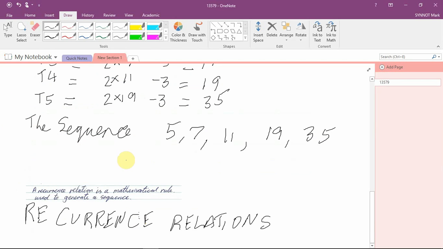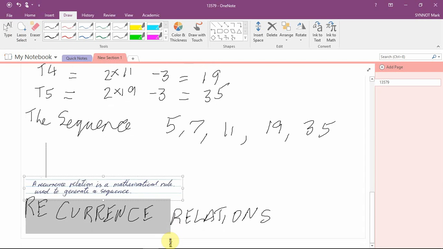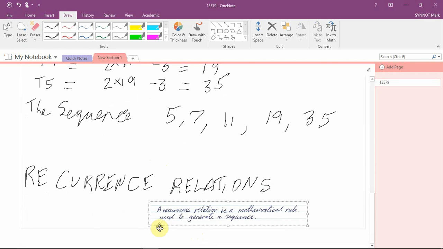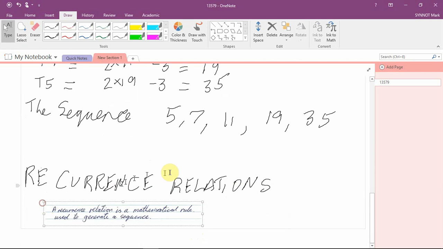I should put it where I want it. Right underneath that, on top of that. There we go.